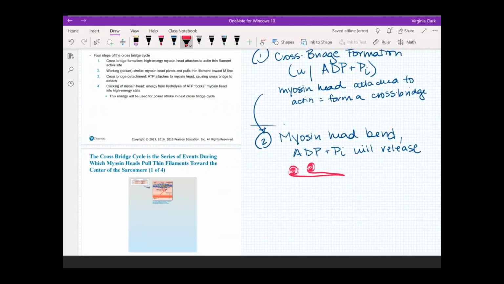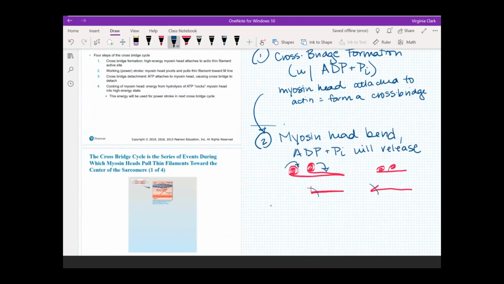You'll notice that I've drawn them all kind of at 90 degrees. So what we mean is your myosin head will bend is that it will go from 90 degrees to something a little bit less than 90. So let's say 45. So our heads will look like this. We will essentially have bent the heads this way. So you have decreased the angle of the joint. So your myosin head will bend.